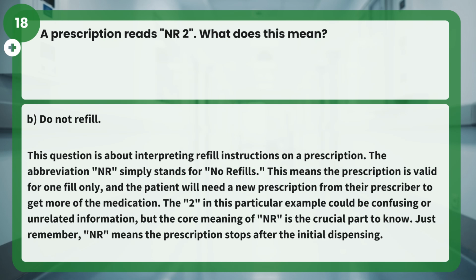The abbreviation NR simply stands for no refills. This means the prescription is valid for 1 fill only, and the patient will need a new prescription from their prescriber to get more of the medication. The 2 in this particular example could be confusing or unrelated information, but the core meaning of NR is the crucial part to know. Just remember, NR means the prescription stops after the initial dispensing.